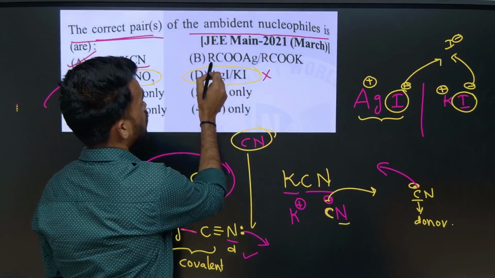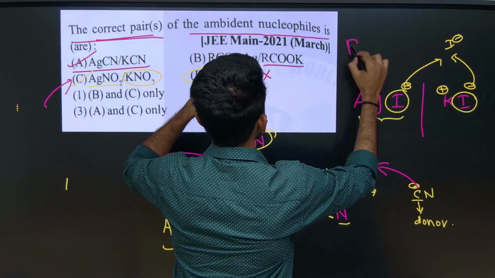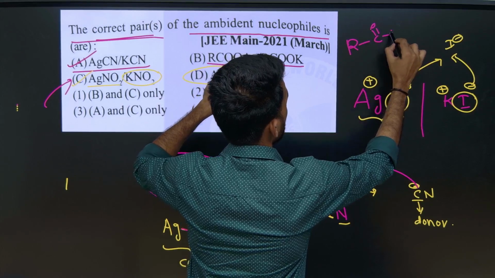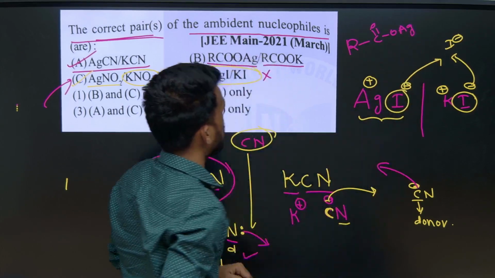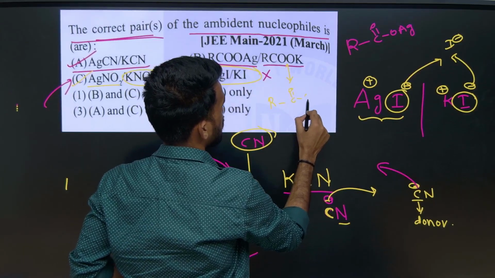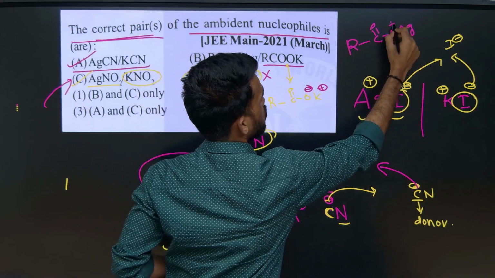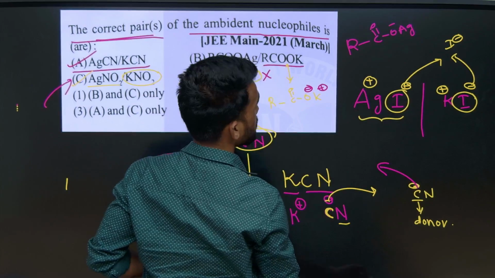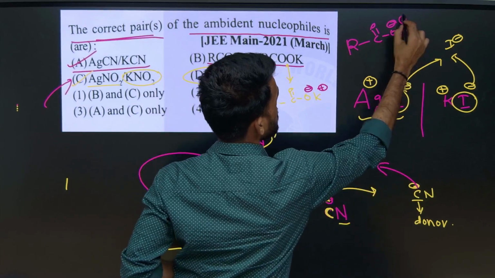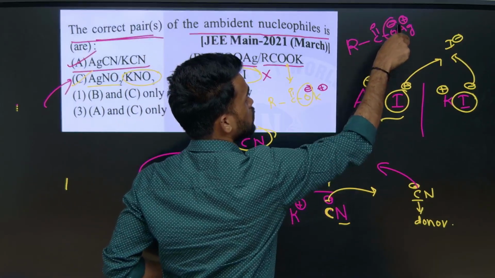So what about this particular compound here? RCOOAg, this is how you need to write, and this should be written as RCOOK. So K plus O minus, and O minus Ag plus. In both cases it is oxygen only as the donor atom, right?